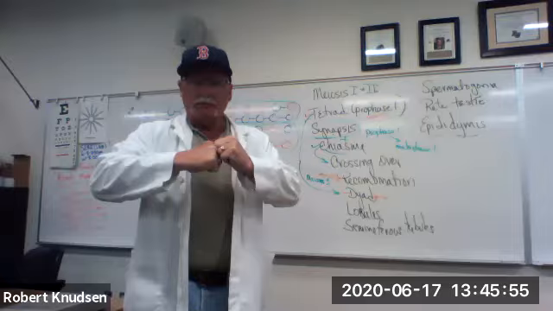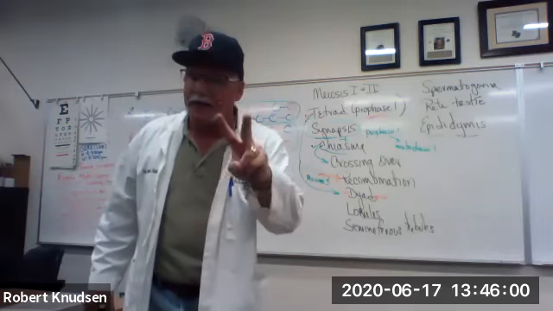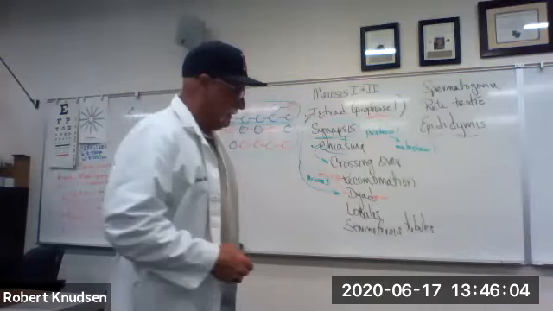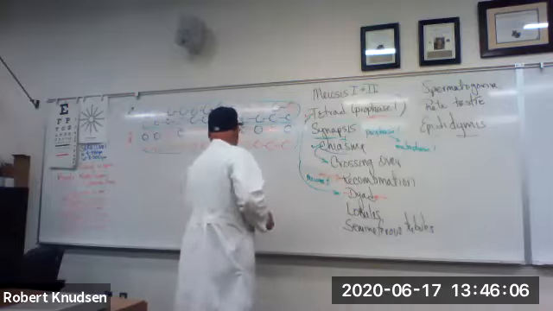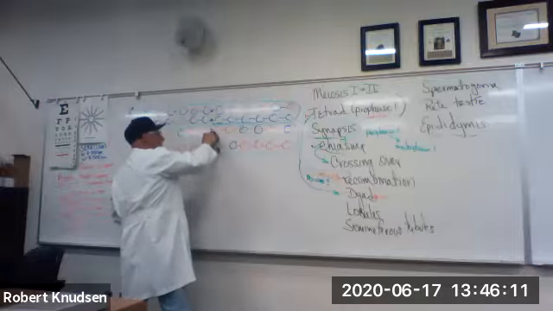The spindle fibers pull again, snap the centromere for the second time, and then you don't have any pairs anymore. So I'm going to do that. Okay? We snapped it here. We snapped it here.